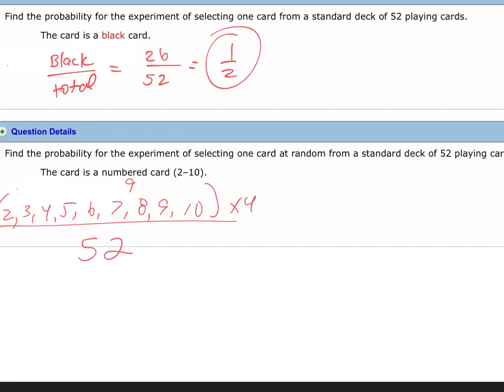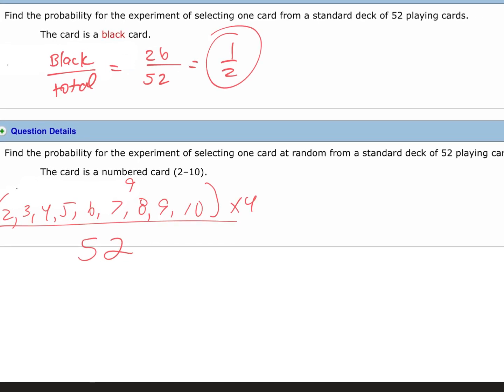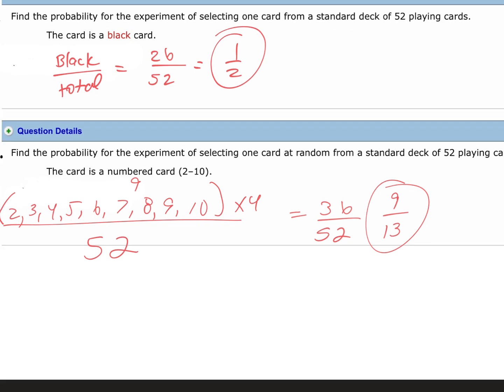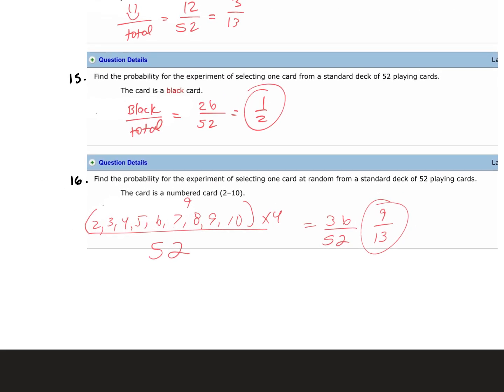So how many total cards are there in a deck that are a 2 to a 10? There's 36. 36 out of how many? 52. Will that simplify? Yeah, divide by 4. What's 36 divided by 4? 9. What's 52 divided by 4? 13. That make sense? All right.